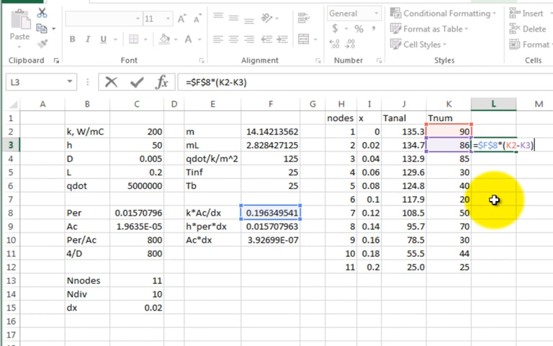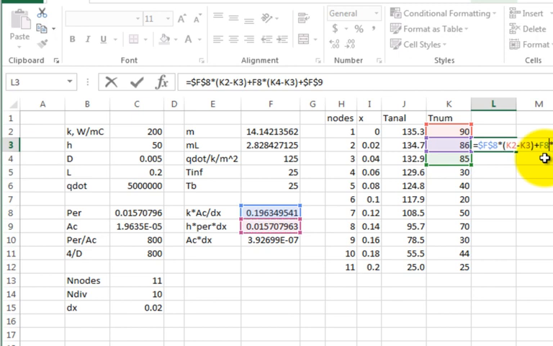And then we add to it the second term, same K, A sub C divided by delta X, times this temperature, temperature 3, minus temperature 2, plus we have the perimeter convection, put an F4 on that one.